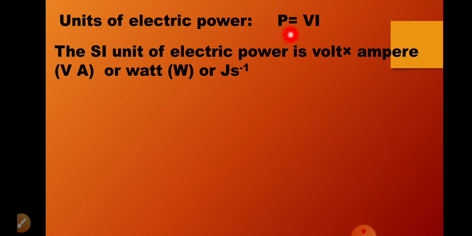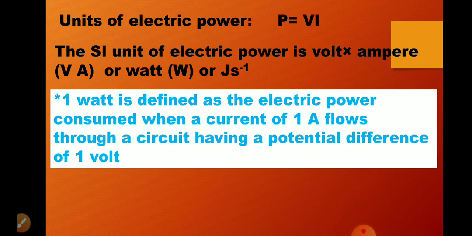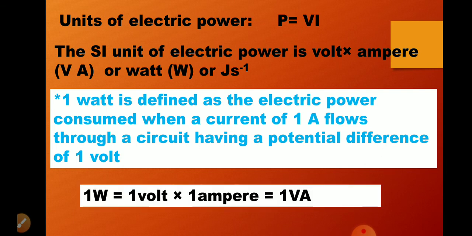So 1 volt into 1 ampere gives 1 watt. How can we define watt then? 1 watt is defined as the electric power consumed when a current of 1 ampere flows through a circuit having a potential difference of 1 volt.